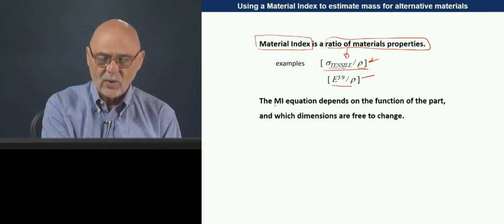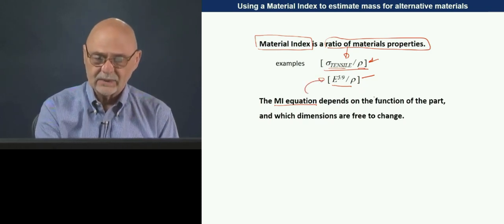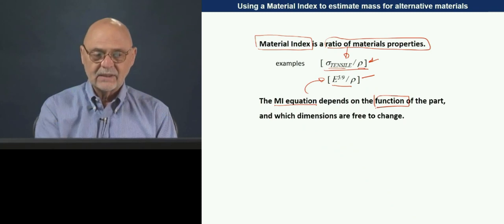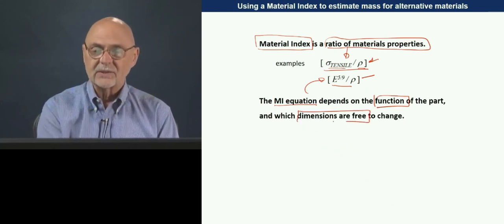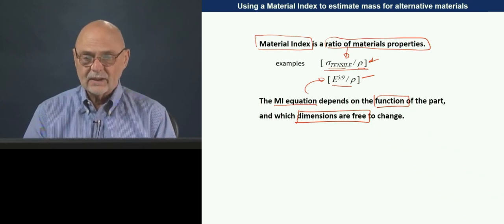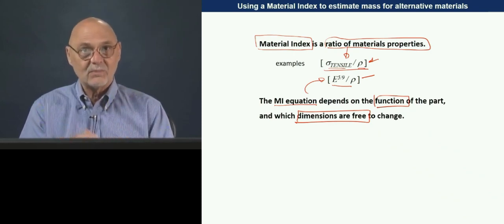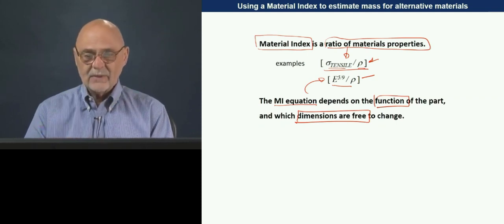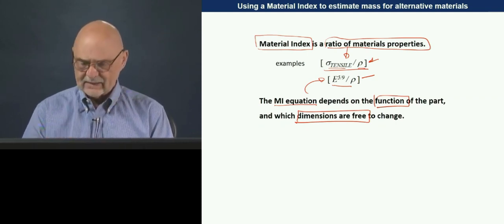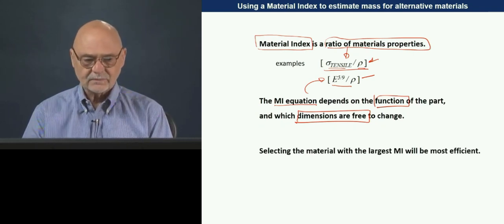So the material index equation that we're looking at depends on the function of the part and which dimensions are free to change. So those are the two things that we have to know. Okay? And this is something that we can derive, so this isn't just an opinion of what properties we should be putting together. We can actually derive it and come up with a number.